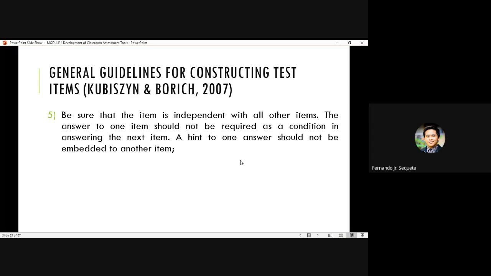Yung question na merong a at saka an. Okay? So if the article is A, meant to say the first letter of the next word is a vowel, no? Sorry. A is for consonant pala, no?